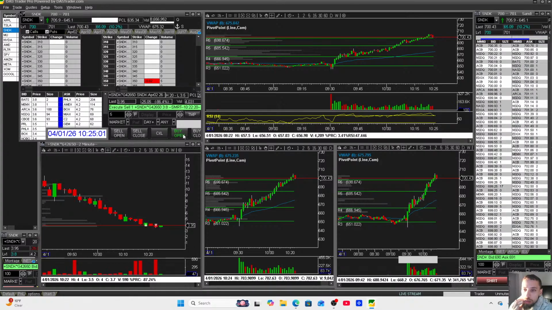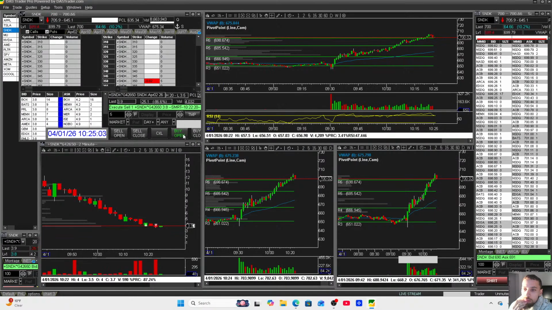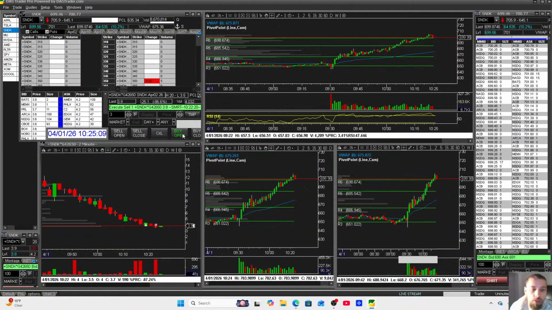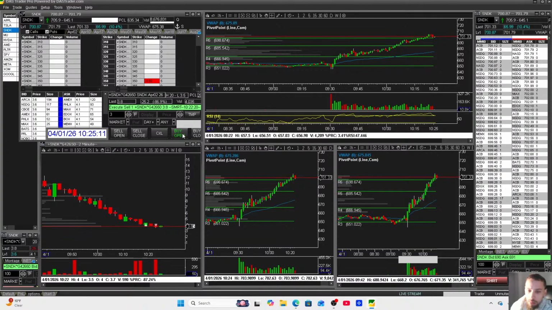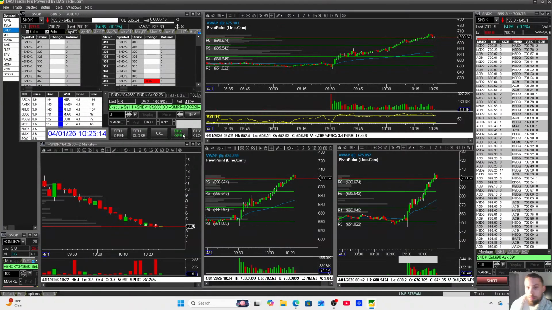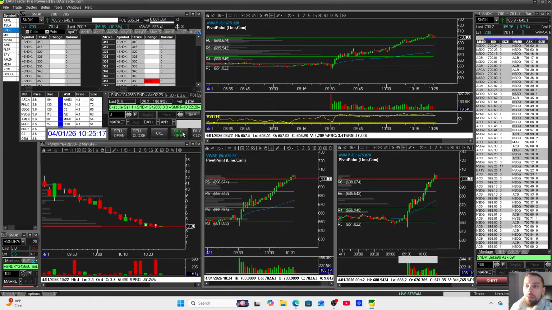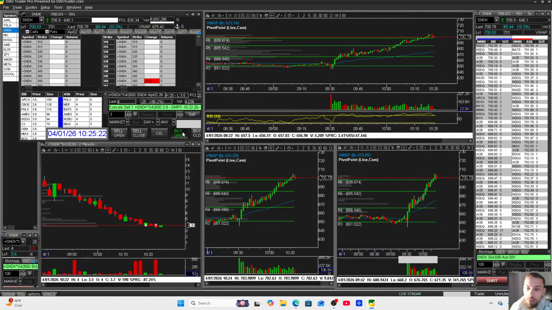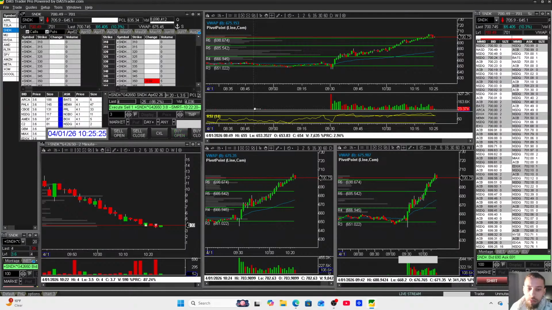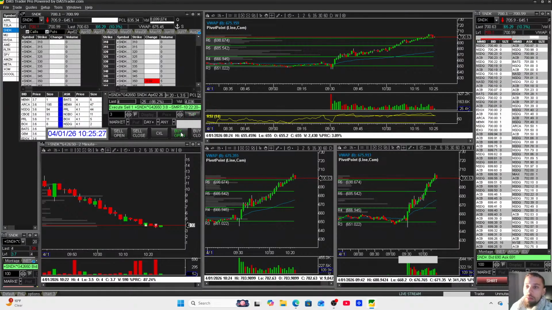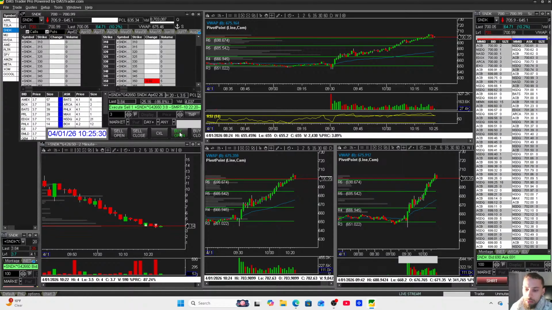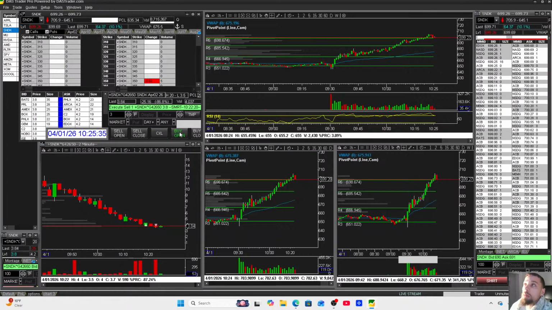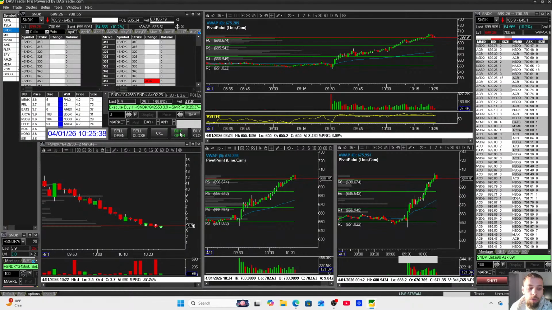It reached ATR. Seems like volume's picking up to the downside. Three contracts here.